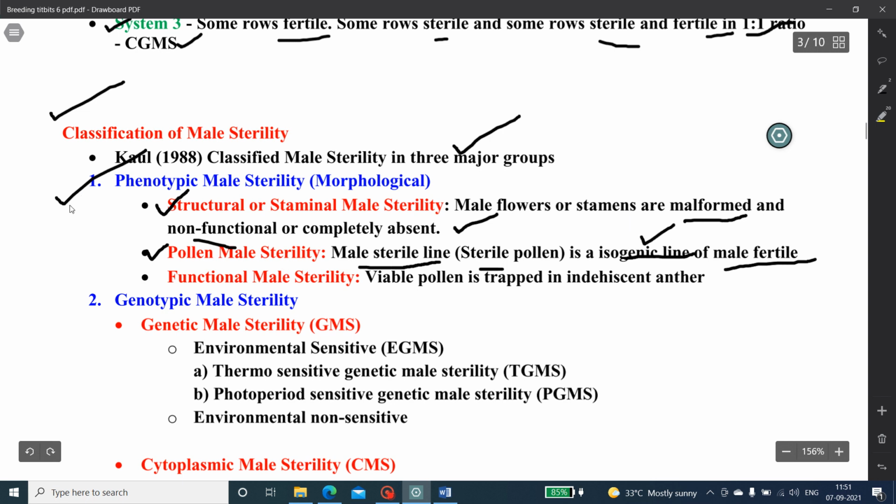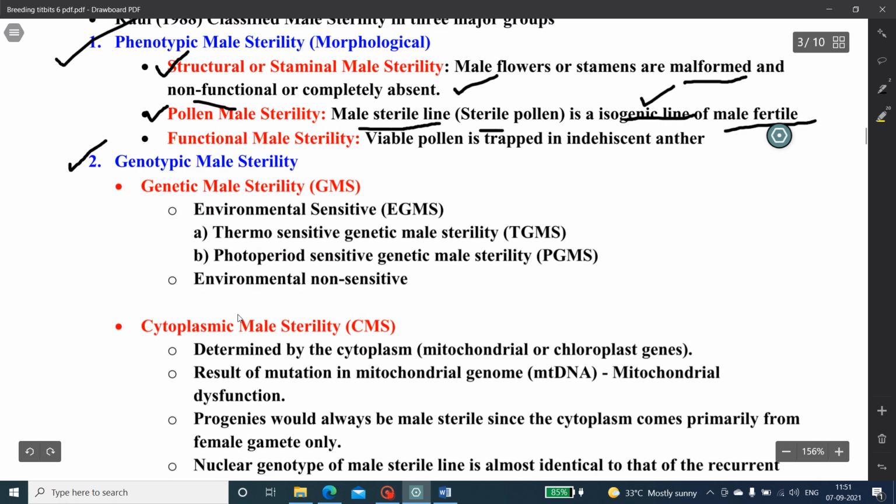And the second classification is genotypic male sterility, and there are about 3 to 4 subdivisions in this. First one is genetic male sterility, in short GMS. Some of the plants are very sensitive to environment, so that is environmental genetic male sterility, and under it there are two types.